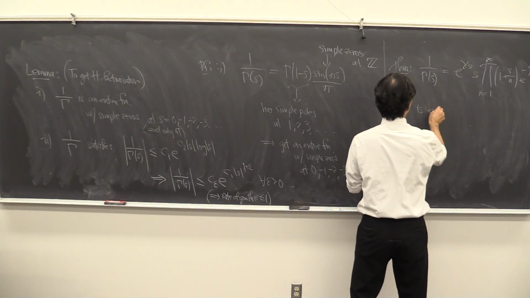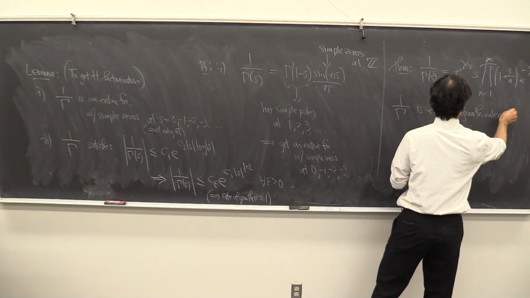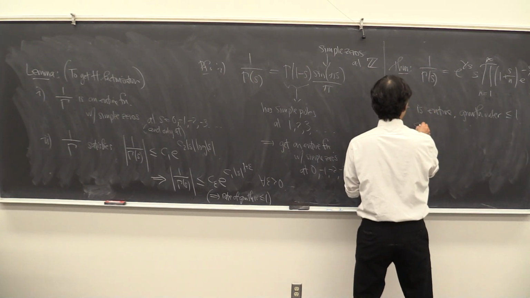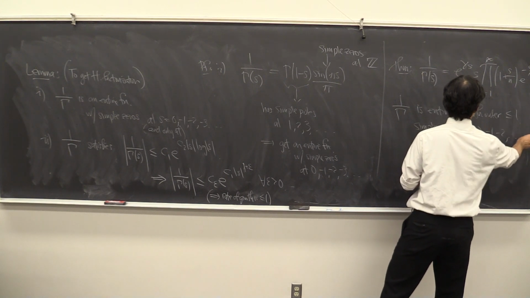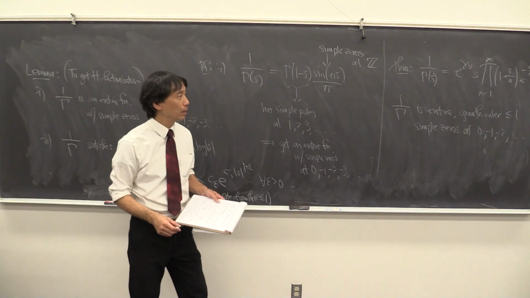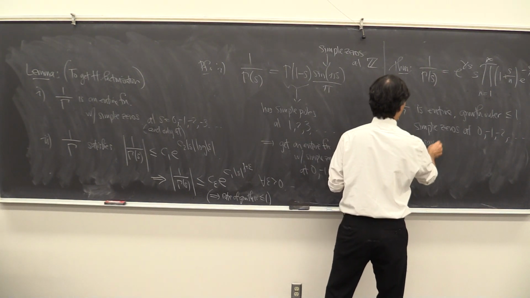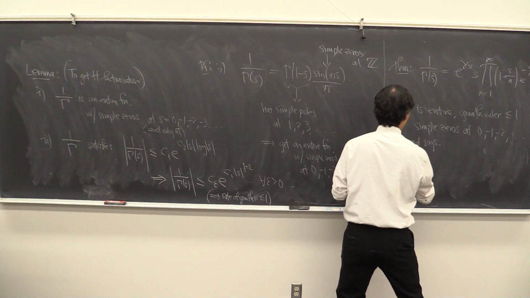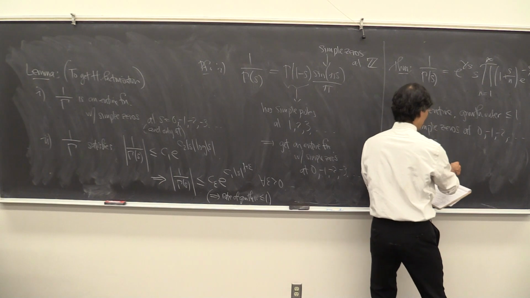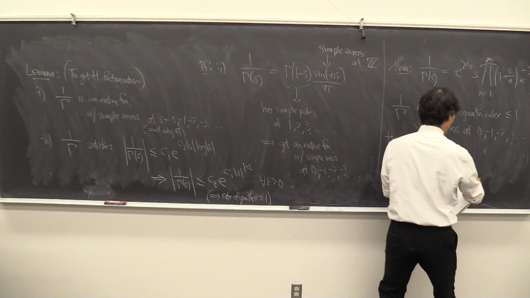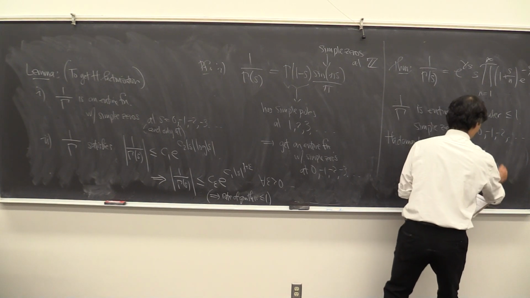By that, it is entire, and of growth order less than or equal to 1, and has simple zeros at 0, -1, -2, etc. So Hadamard says that it's going to look something like this, right? E to a linear function.